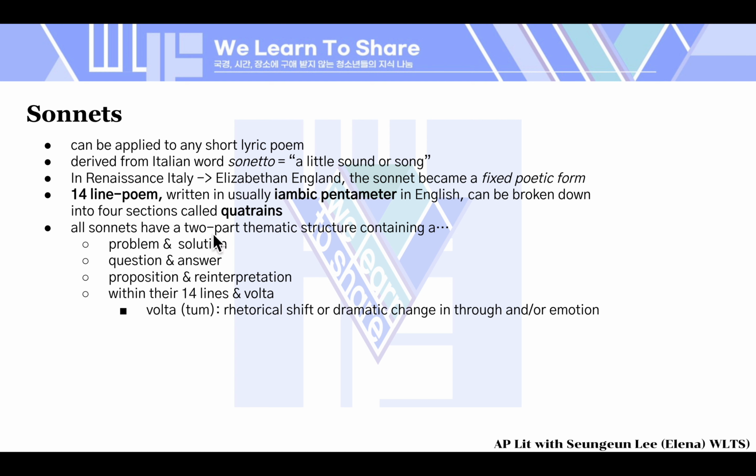Which means that sonnets could be largely divided into 2 parts within their structure. One part would be talking about a problem, the other talking about a solution; one would talk about a question, one would talk about an answer, etc. And within their 14 lines, they have something that's called a volta. Volta is like a turn, a rhetorical shift or dramatic change in thought or emotion.